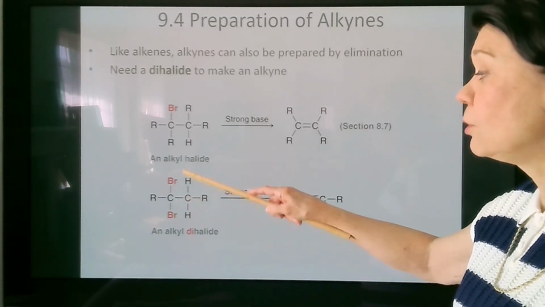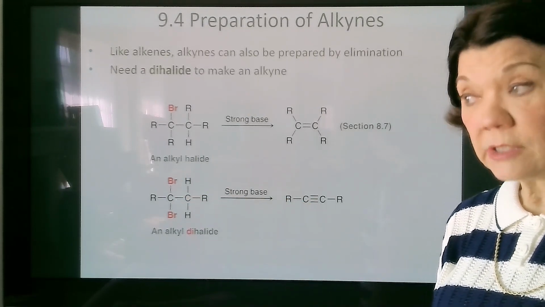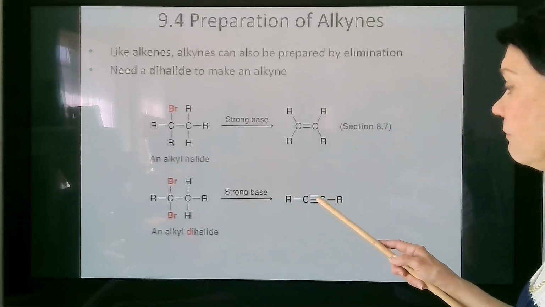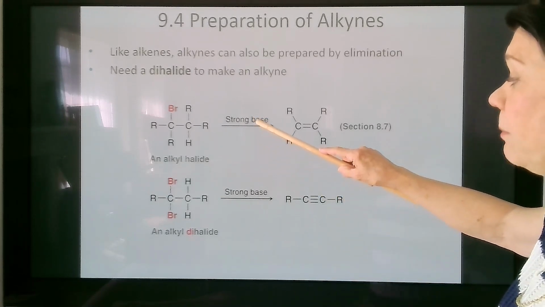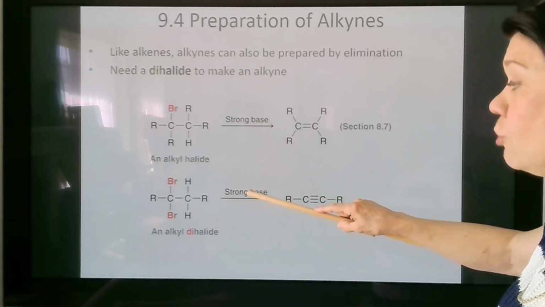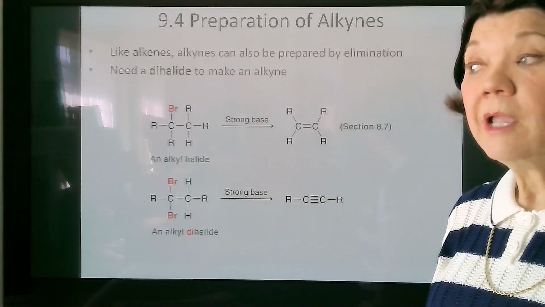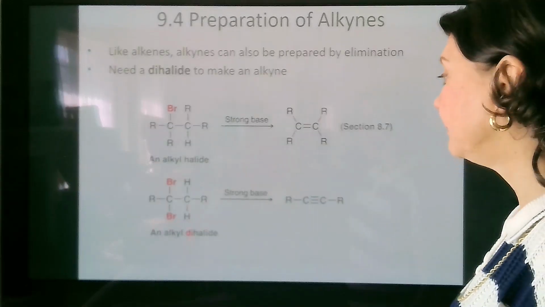You don't lose both bromides simultaneously. You have two separate E2 reactions to give you the alkyne. Now notice here, one equivalent of base would be sufficient. Here you'll have to have two equivalents of base because you're going to effect two E2 eliminations.